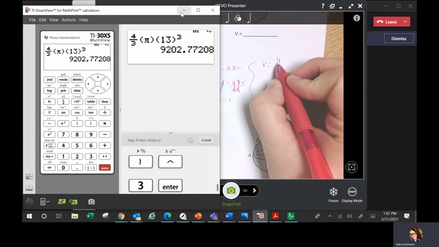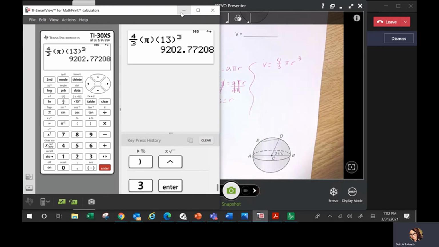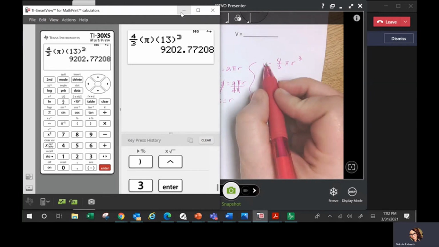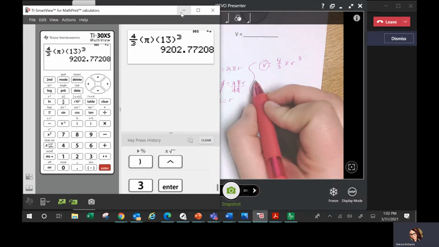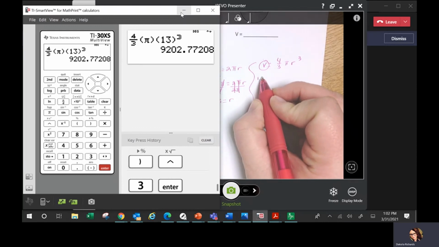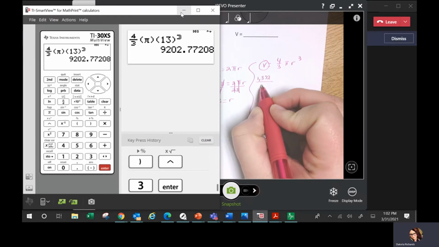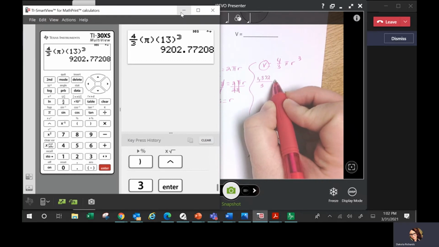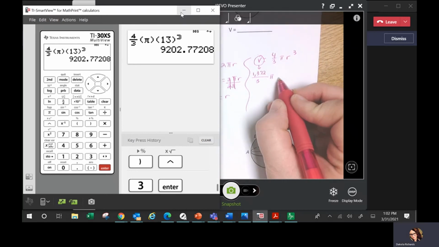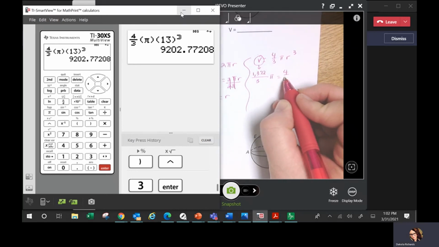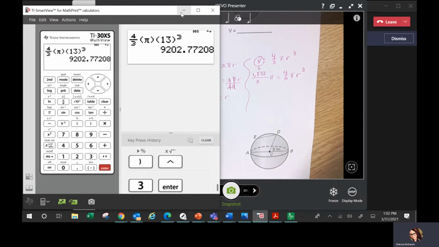Volume equals 4/3 pi times R raised to the 3rd power. We are essentially given the V here. Volume is 1,372 over 3 pi. That's your volume. So that equals 4/3 pi R cubed.